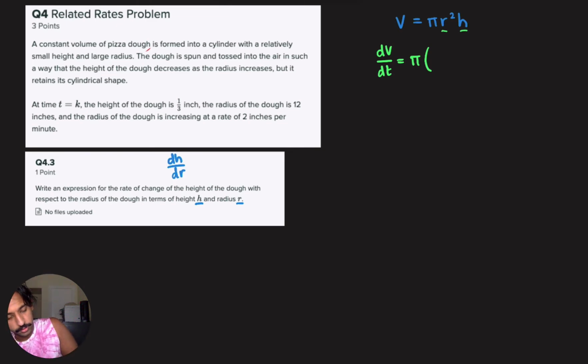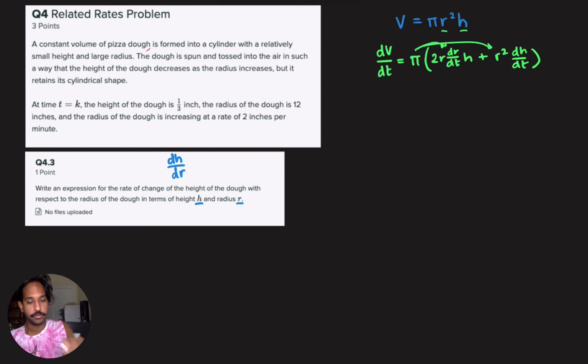First, find the derivative of the first part, so that's 2r dr/dt. Keep the second the same, and then keep the first the same and find the derivative of the second, which is dh/dt. Now, I'm going to distribute that pi and do some rearranging, so I get dV/dt equals 2 pi r h dr/dt plus pi r squared dh/dt.